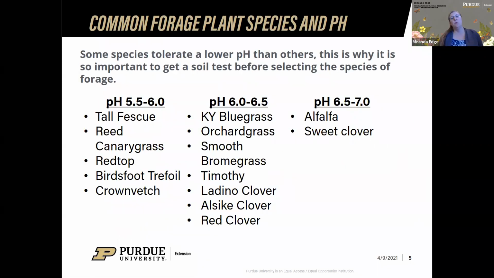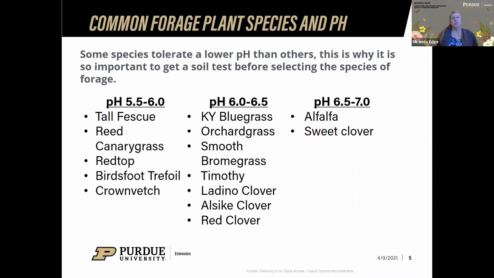The biggest reason we like to look at that soil sample is, of course, our pH as well as the levels of nutrients in the soil. But we know certain species can tolerate a lower pH than others. So knowing what's out there, we can understand why your tall fescue is not growing.